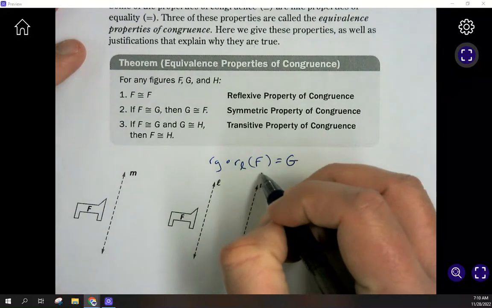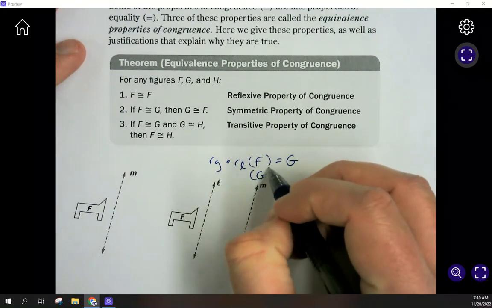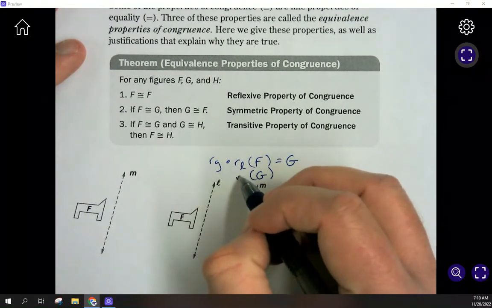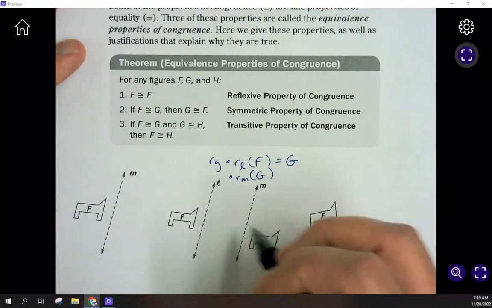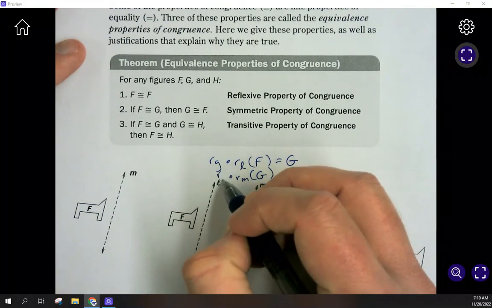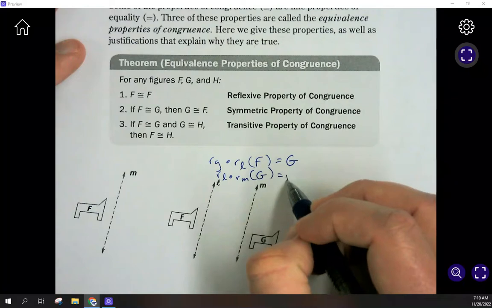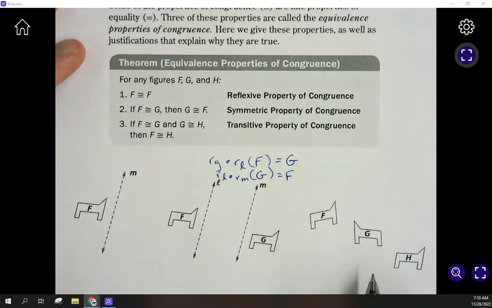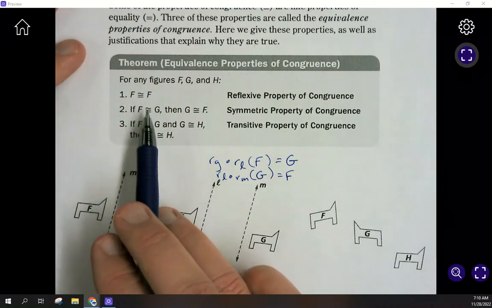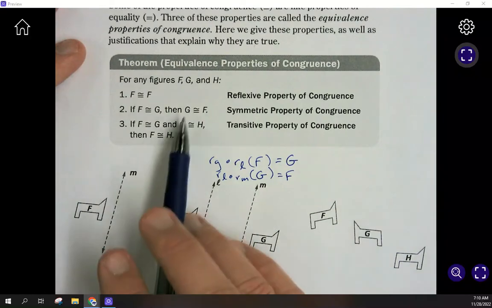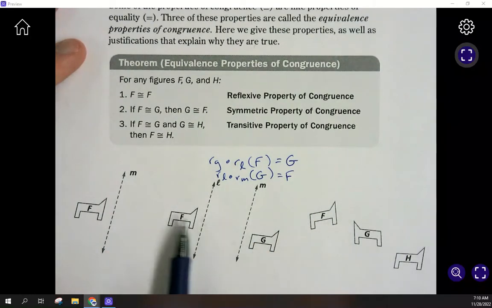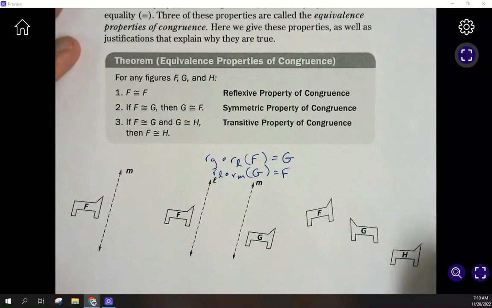If I started with G and I reflected it over M, and then I reflected it over L, I'm going to end up back where I started at F. So F is congruent to G, and G is also congruent to F, proven through those isometries.